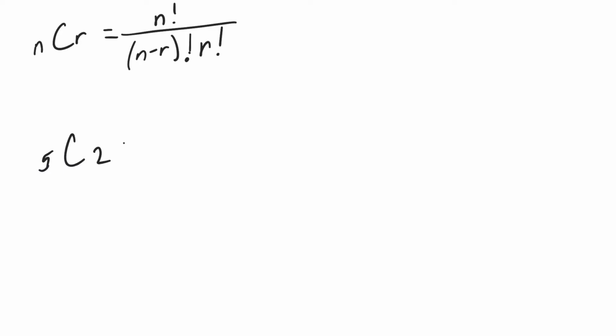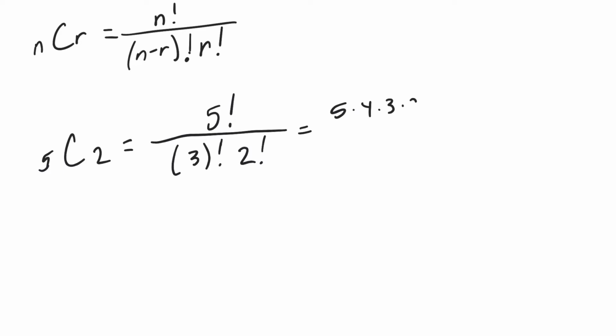So if I'm using the formula by hand, that's going to give me 5 factorial over 5 minus 2, or 3 factorial, and then r factorial, so that's 2 factorial. So if I write all that out, it's 5 times 4 times 3 times 2 times 1 over 3 times 2 times 1 times 2 times 1.